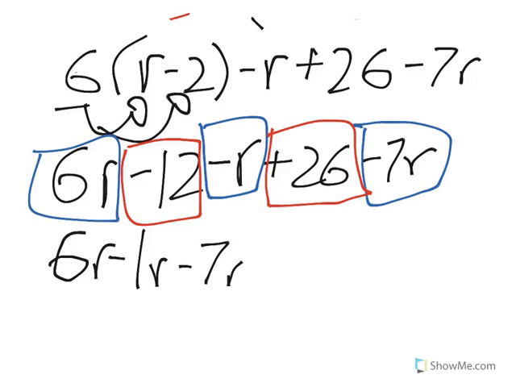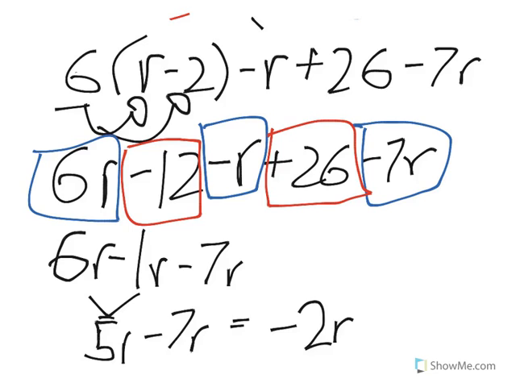So we add our minus 7r, do 6r minus 1r, which is 5r, subtracted by 7r, and then due to integer rules, which you need to always remember, our answer would be negative 2r.